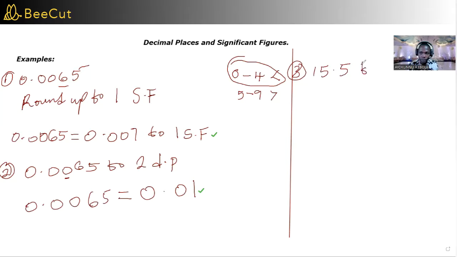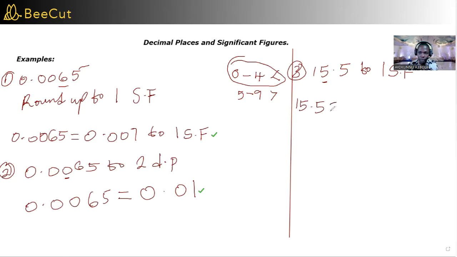You want to round it up to one significant figure. So you consider the first non-zero figure, which is this 1. You are stopping at the 1, you consider the next digit. This next digit is 5. Because it's between 5 to 9, you can turn the 1 to 2.